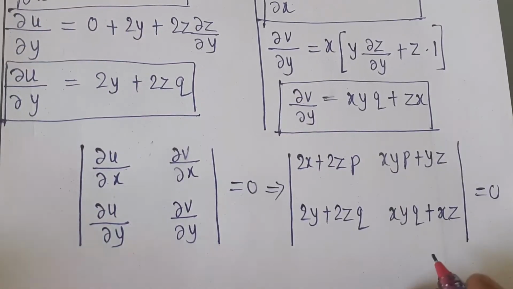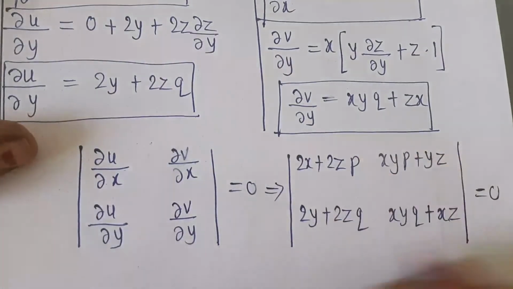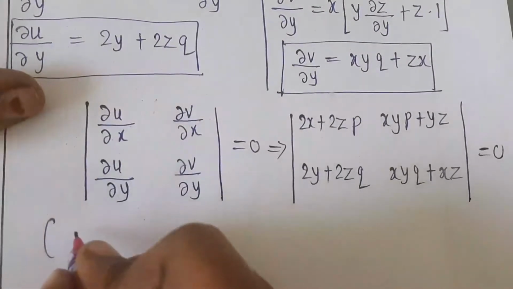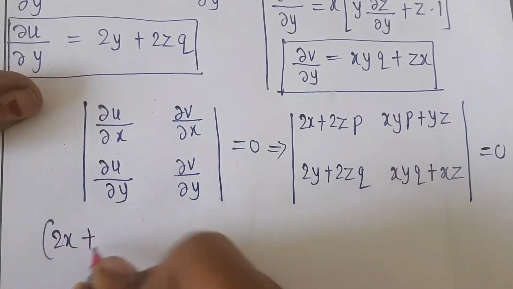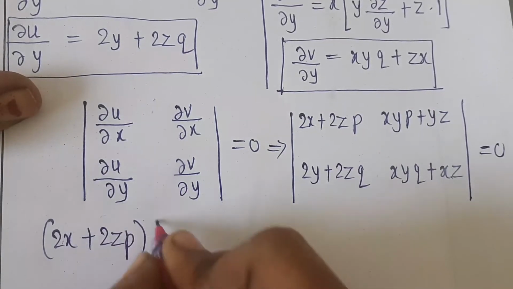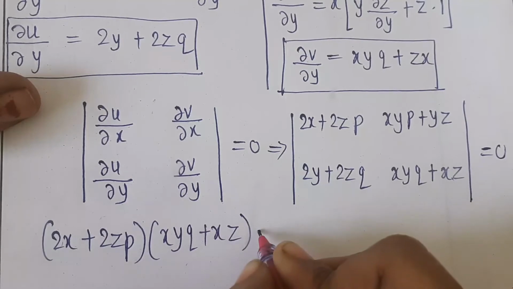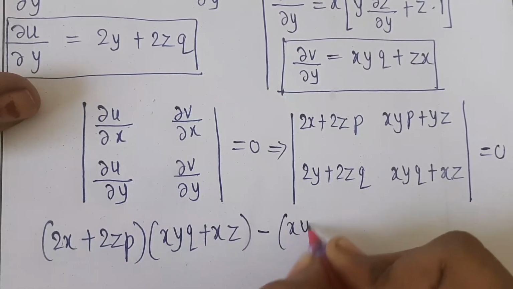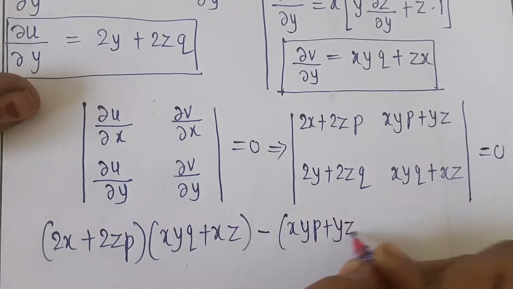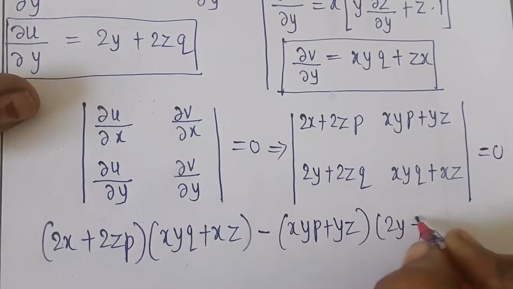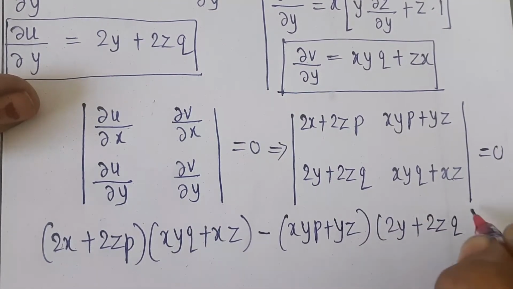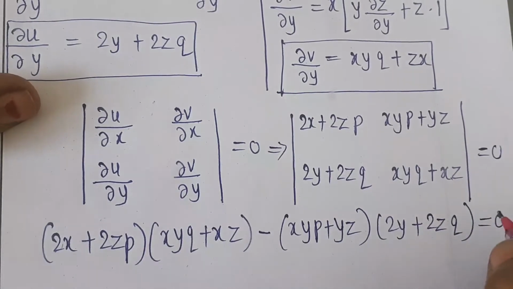So we obtain this; cross multiply and find the answer: 2x plus 2zp multiplied by xyq plus xz, minus xyp plus yz multiplied by 2y plus 2zq. This is equal to 0.